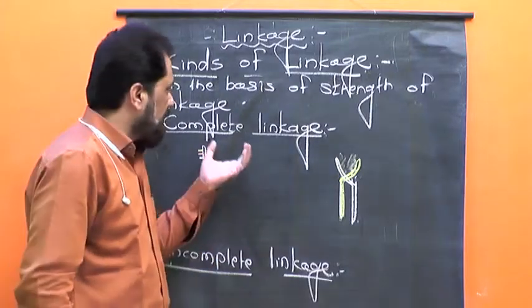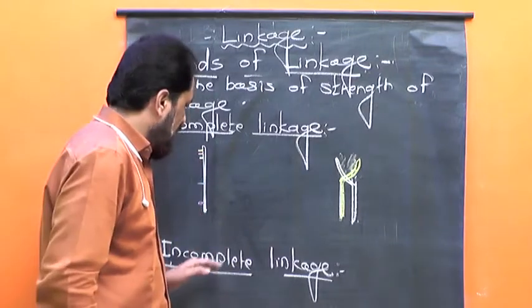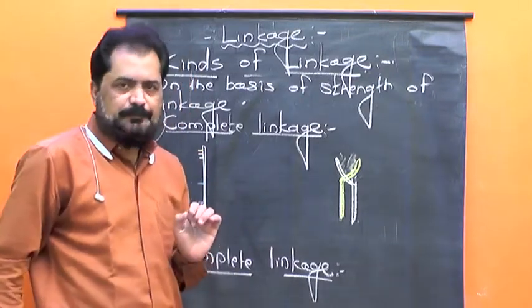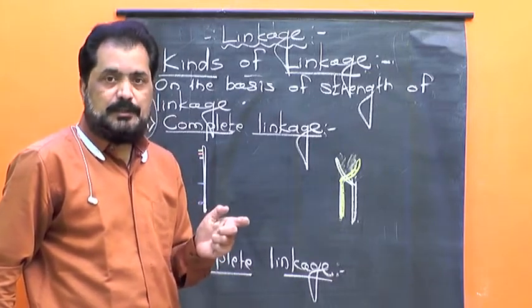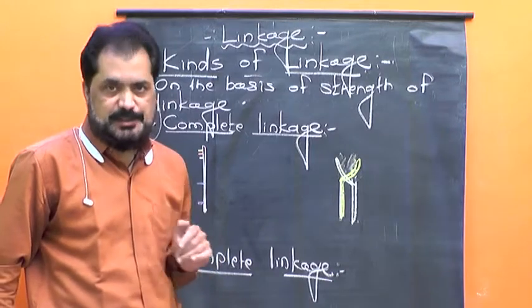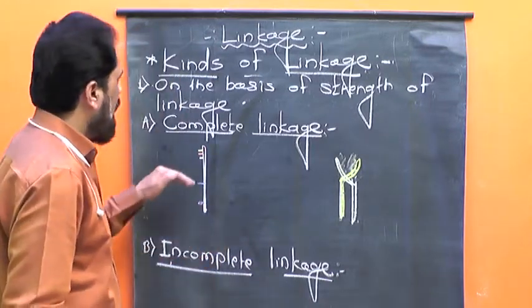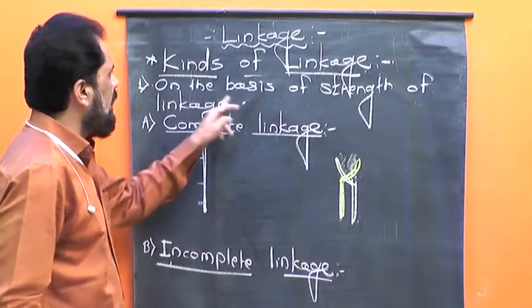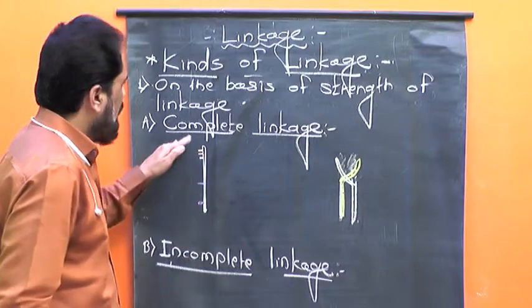Drosophila मध्ये complete linkage दिसतं, ते आपण पुढच्या लेक्चर मध्ये शिकणार आहोत. आणि incomplete linkage हे पी प्लांट मध्ये शोधलं गेलं सर्वप्रथम, अर्थात Lathyrus odoratus हे त्या स्वीट पी प्लांटचं शास्त्रीय नाव आहे.